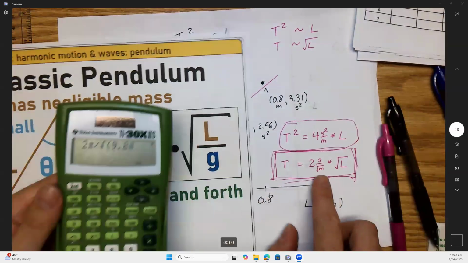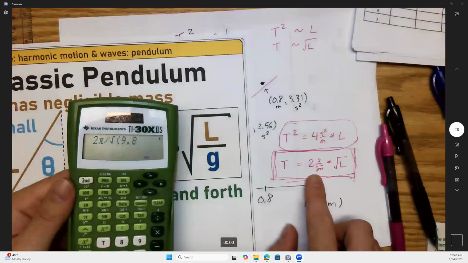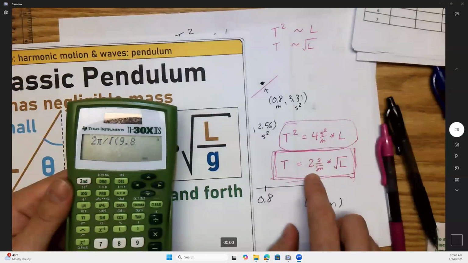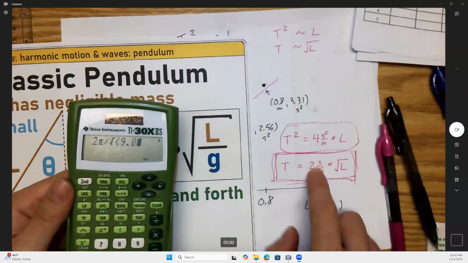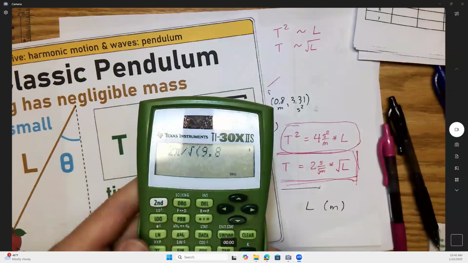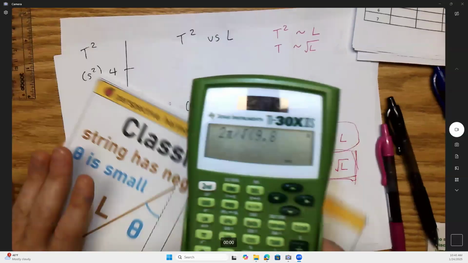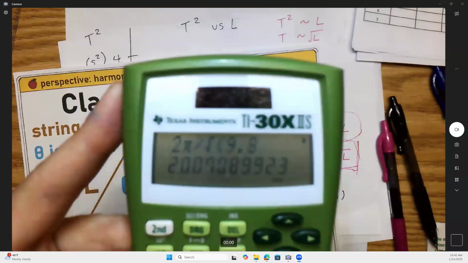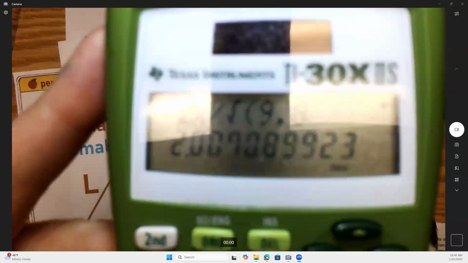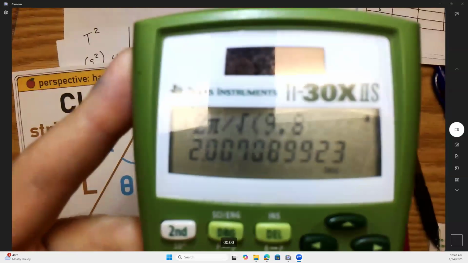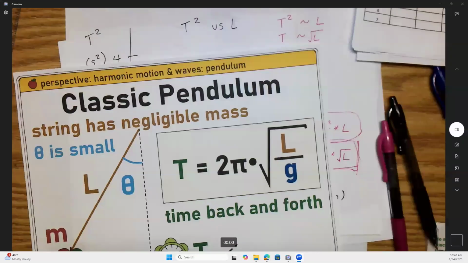What number should that come out to? I'm making a prediction before I hit enter. 2. Should this be 2? Yes. Let's see if you guys did a good job on this lab or not. Let's find out. It's 2. Look at that. It's 2. Oh yeah, you guys did a real good job on that lab.